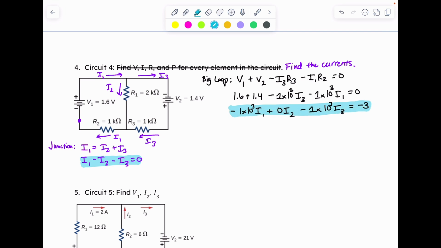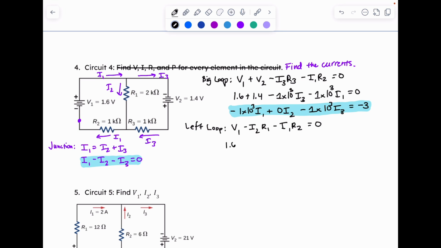We have 3 unknowns here, so we need 3 equations. So we need one more equation, and then I'm going to do this small left-hand loop. So left loop, I add V1, so V1, and then I come through and then I drop I2R1, minus I2R1, and then I come back around and then I drop I1R2, and then I'm back to where I started, so that equals 0.